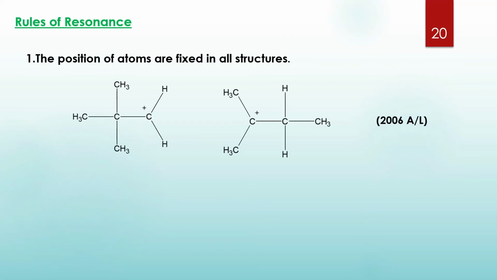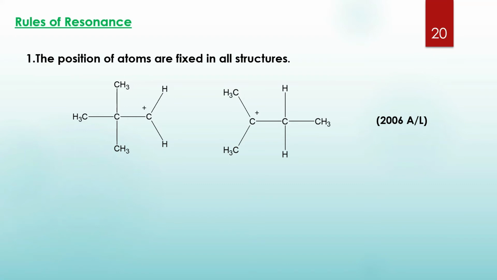So again, resonance also has a few rules. The positions of atoms are fixed in all structures. As an example, if you take a look at these two structures, they look similar, but these two are not resonance structures. The reason is because the position of atoms has changed here.